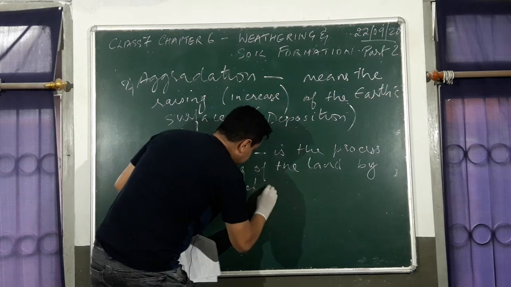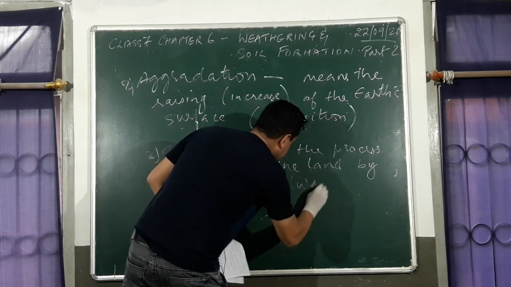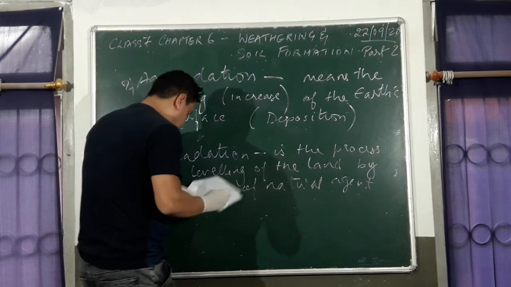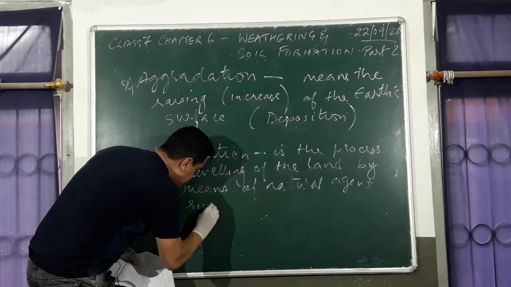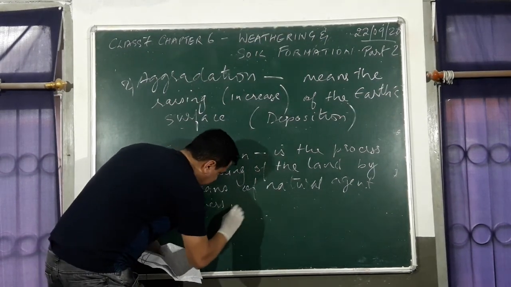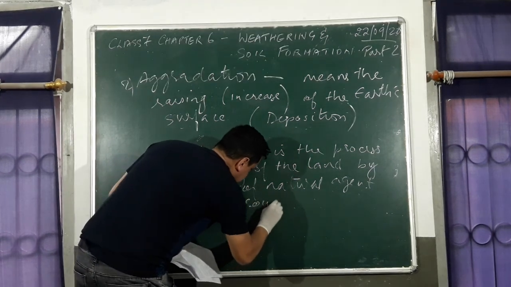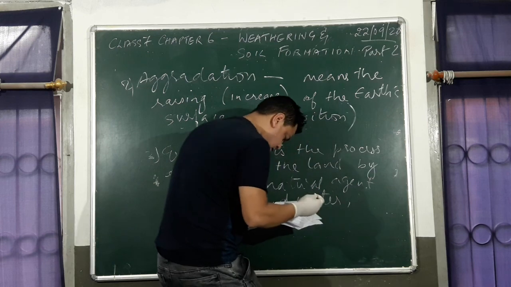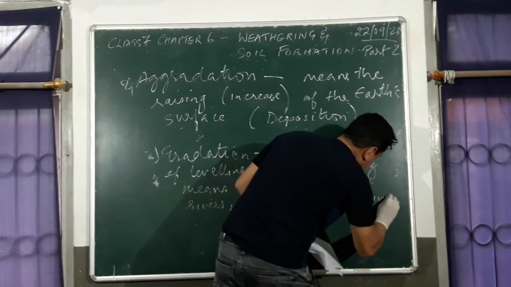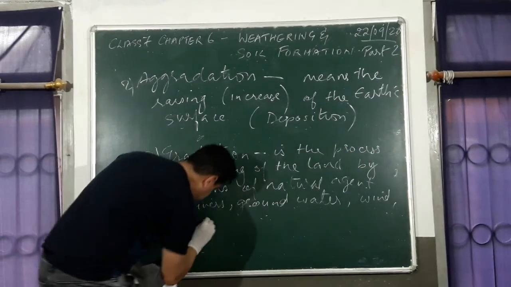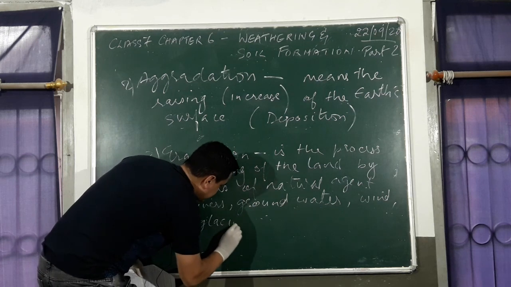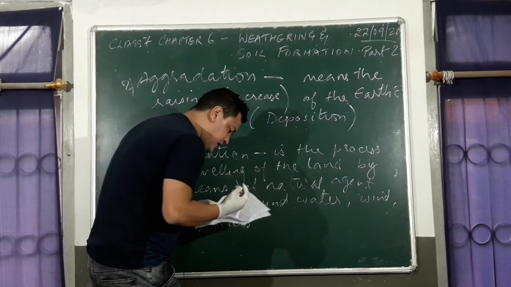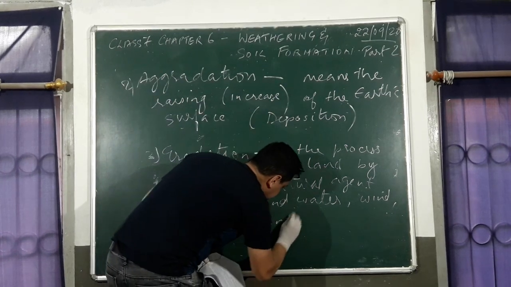Whenever we are talking about natural agents, now you understand what the natural agents of the earth are. They are rivers, groundwater, which is underground water, and another one is wind, glaciers, and sea waves.